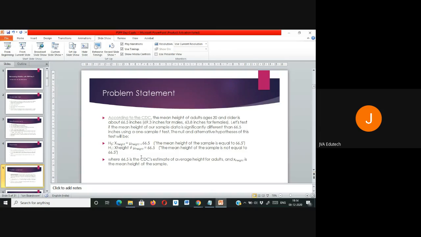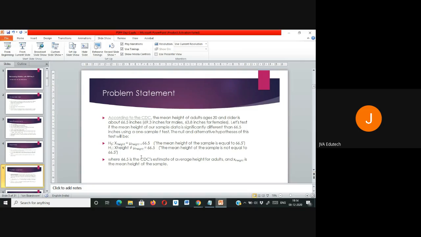According to the Center for Disease Control, the mean height of adults age 20 and older is about 66.5 inches. If we calculate among males and females, the average is 69.3 inches for males and 63.8 inches for females, and the total mean height of adults 20 or above is 66.5 inches.